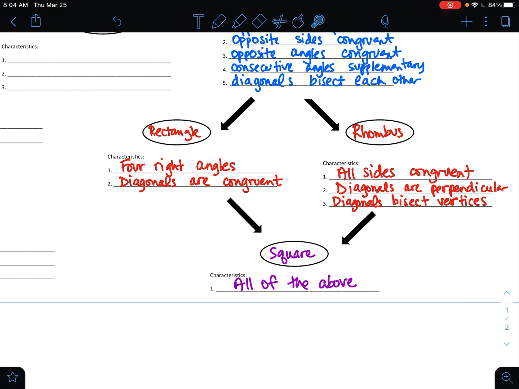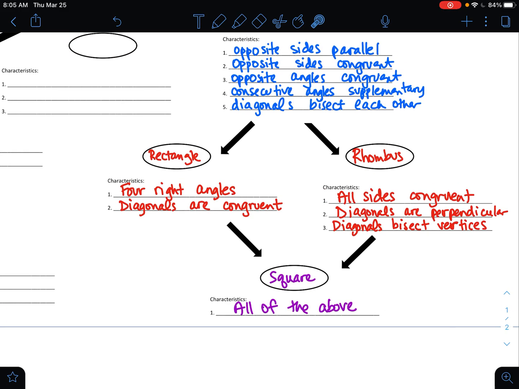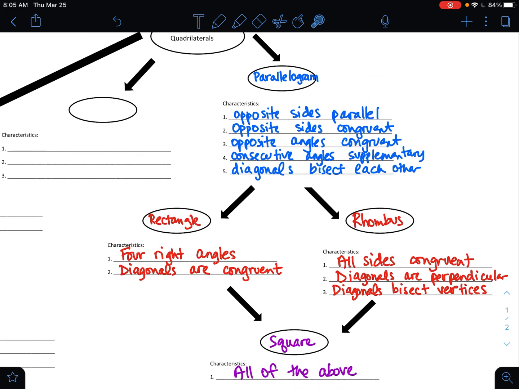So a square has diagonals that bisect each other. Diagonals that bisect each other. They're also perpendicular in the shape. They bisect the vertices. They cut the angles in half. They're also congruent. You've got 4 right angles. All the sides are equal. So everything listed above is going with a square.